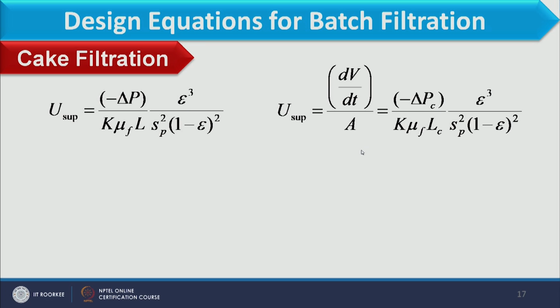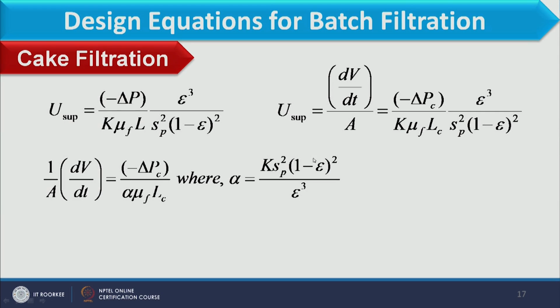Because here what we are considering is the particle movement through the bed. So whatever pressure drop will be obtained, that will be offered by the cake itself, therefore pressure drop will be replaced by pressure drop across the cake. So in this way we define the superficial velocity.